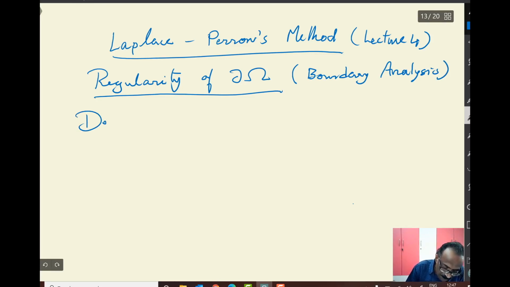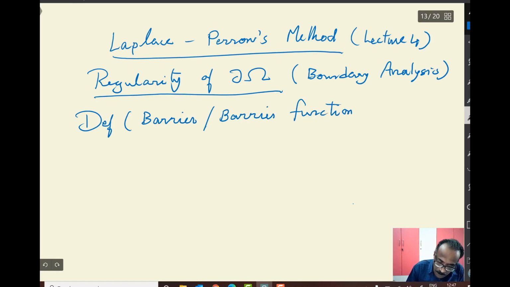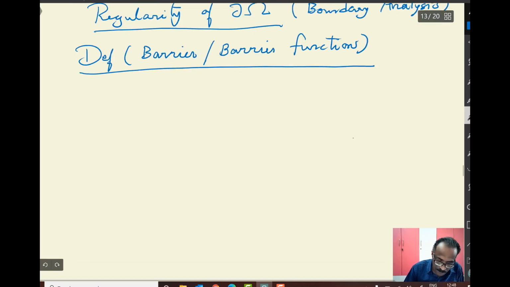So I am going to give a definition of a barrier or barrier function. You can call it that. Barrier function. Okay. So let ψ belong to ∂Ω.